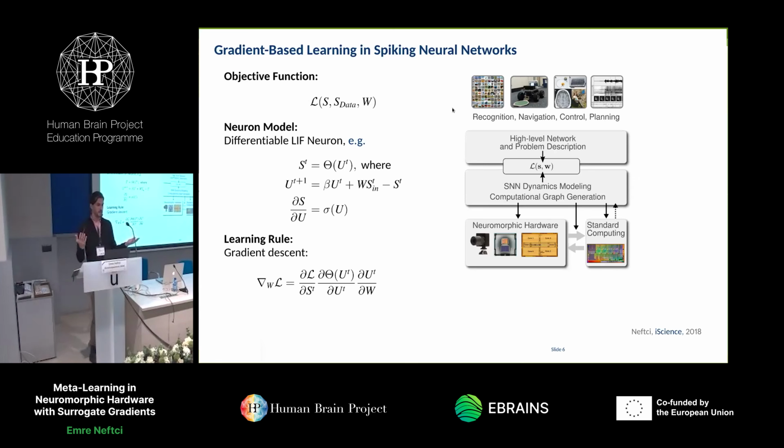You can use basically the same overall approach of defining some objective function that defines how good you are at some task you're interested in. This can be recognition or classification, but also things like navigation, detection, control algorithms, as we saw earlier, and planning of trajectories. All of this can be built in terms of some objective function, which is a scalar, and this objective function is of course a function of the network outputs itself.